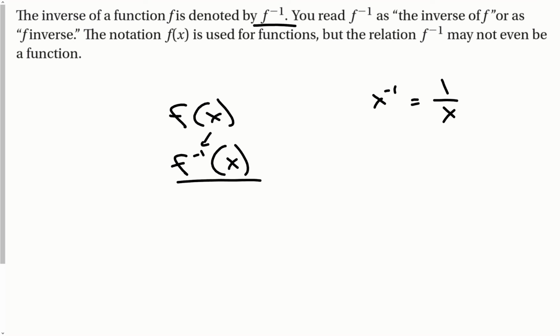That is not a negative exponent. It is just a notation, right? It's just telling you that whatever it is, it is related to some other function, and they are related because they're inverses of each other, and one is a reflection of the other across the line y is equal to x, right?